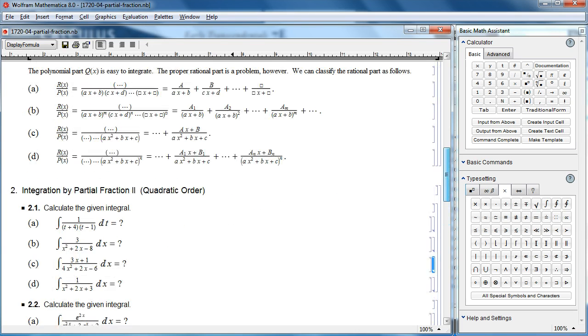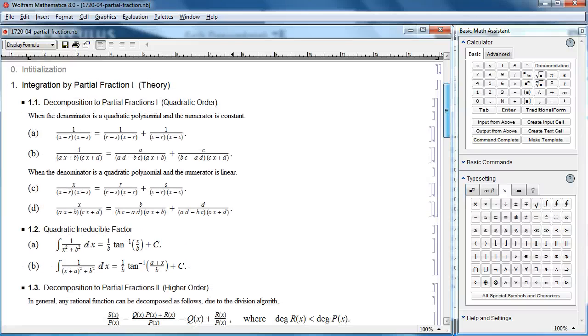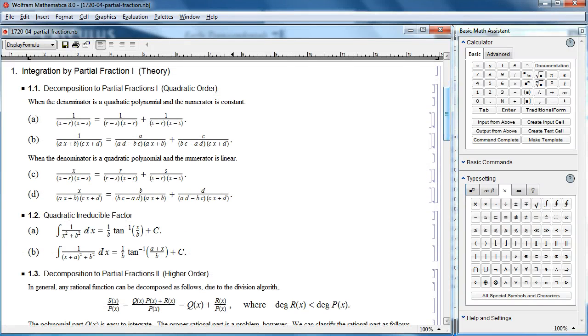Certainly better than setting up the system of linear equations and doing all the hard work. Okay, this is the end of the shortcut for the quadratic denominator that can be factored.